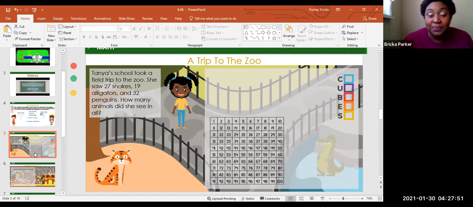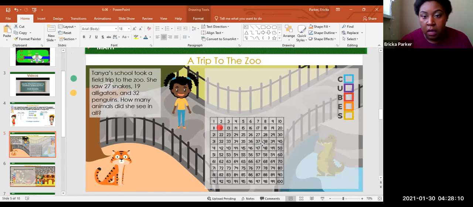All right, cool. So I'm going to show you this first method with the hundreds chart. I'm going to zoom in just a little bit. We're going to start off with our first number, which is 27.